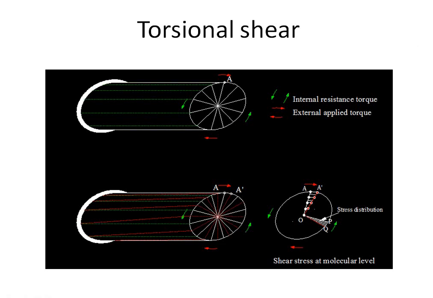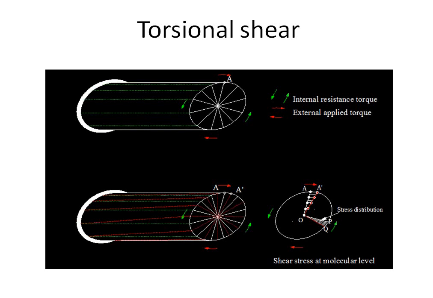Which means the molecules which are at the outer end or at the periphery move over a longer distance, or are distorted more than the ones which are closer to the center, right? So at the center, by theory there is no movement at all.